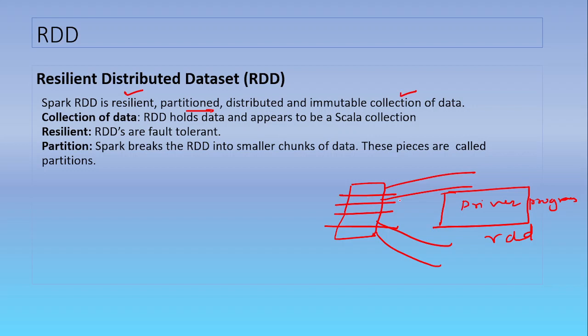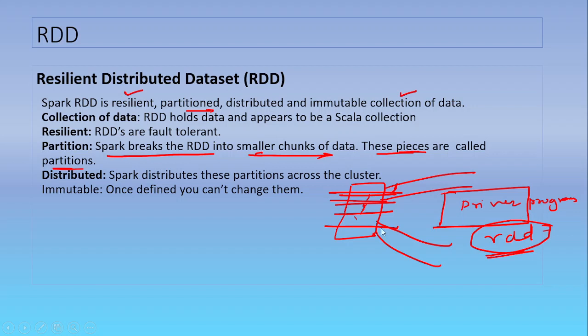So who will partition the data? This RDD is responsible for partitioning the data. Spark breaks down this RDD into smaller chunks of data, and these small chunks are called partitions. So who will partition the data? Your RDD will partition the data.